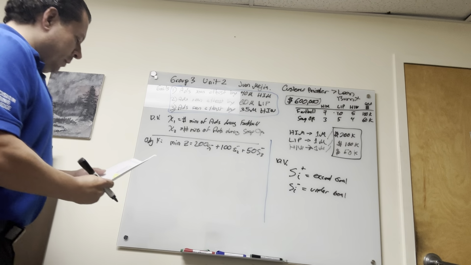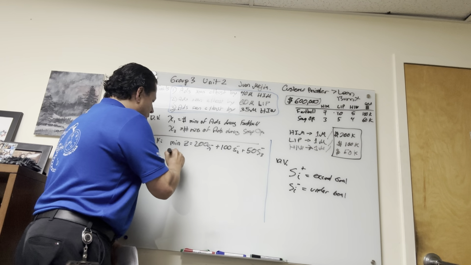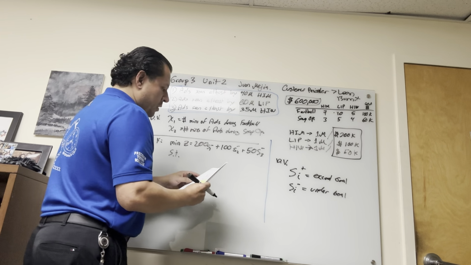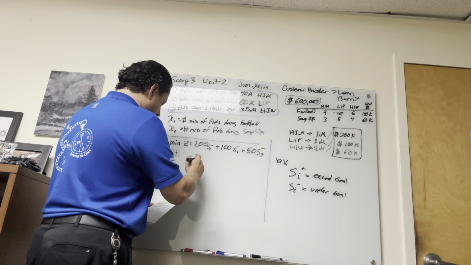Okay, and then we have our new constraint sets, which are going to look very similar to what we had before, but now we're adding these decision variables.